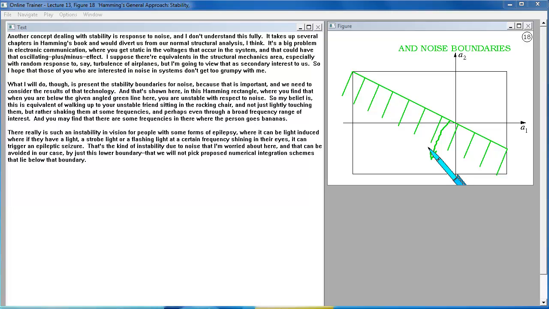So my belief is this is the equivalent of walking up to your unstable friend sitting in the rocking chair and not just lightly touching them, but rather shaking them at some frequencies, and perhaps even through a broad frequency range of interest. And you may find that there are some frequencies in there where the person goes bananas.